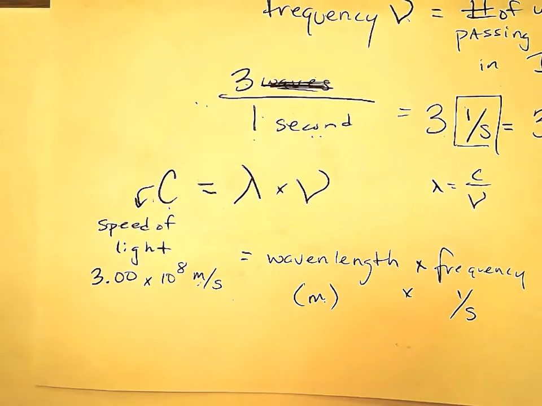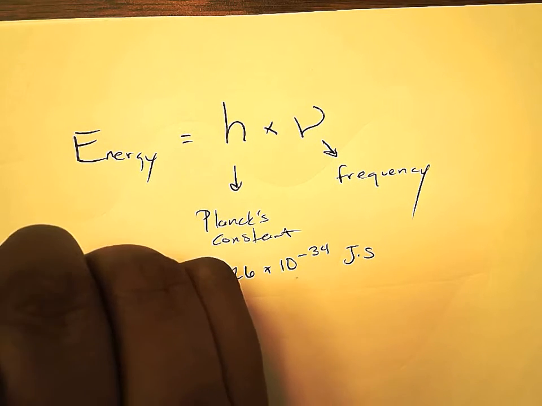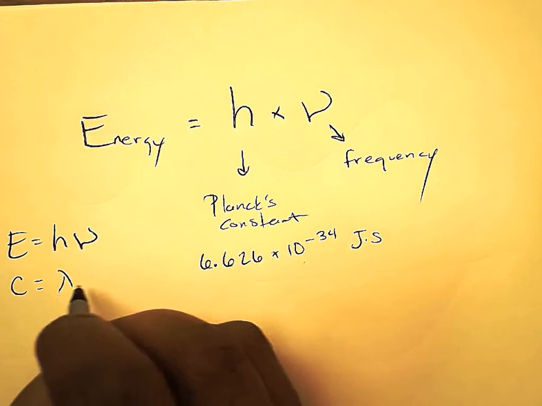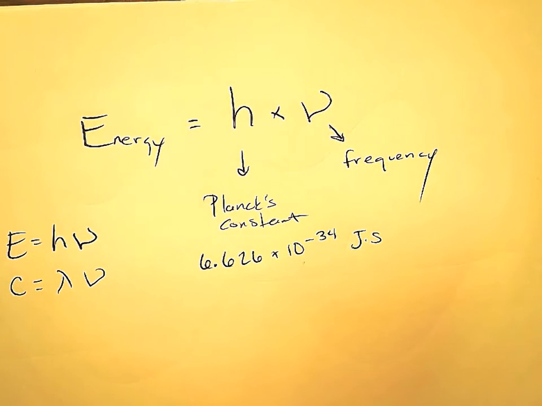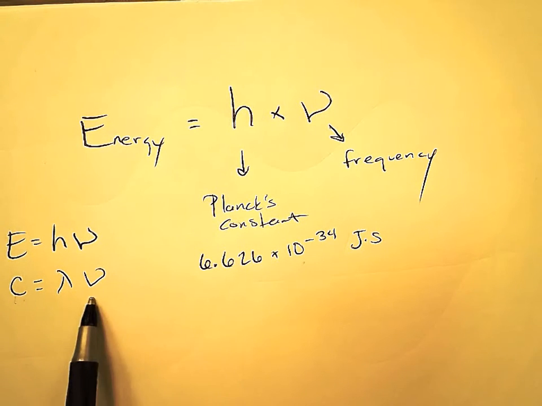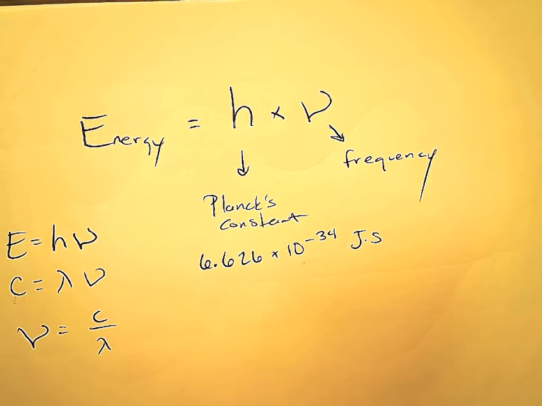So if I have E equals h times nu, and then I have this other equation c equals lambda nu, I can actually combine these two equations to make life easier, as we did yesterday. If I take the c equation, I can rearrange it, maybe for nu. Nu equals c divided by lambda.